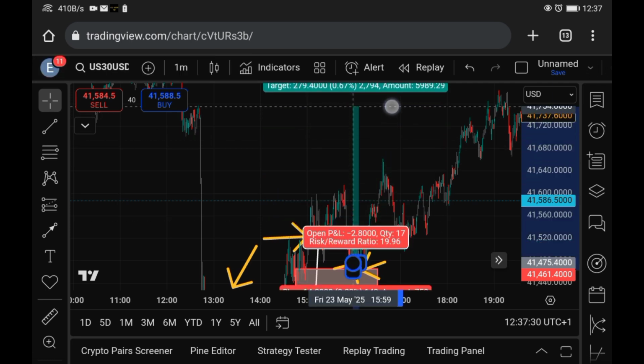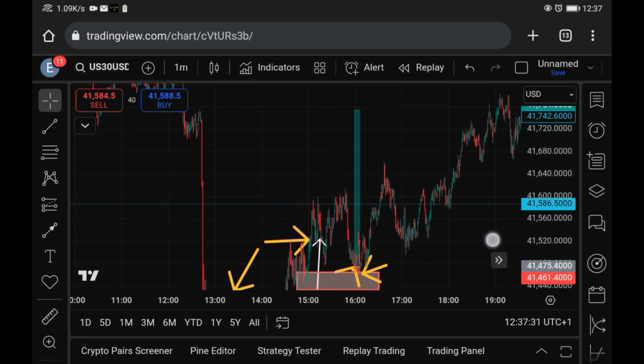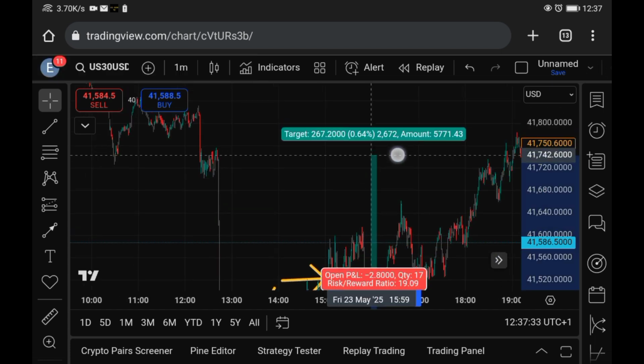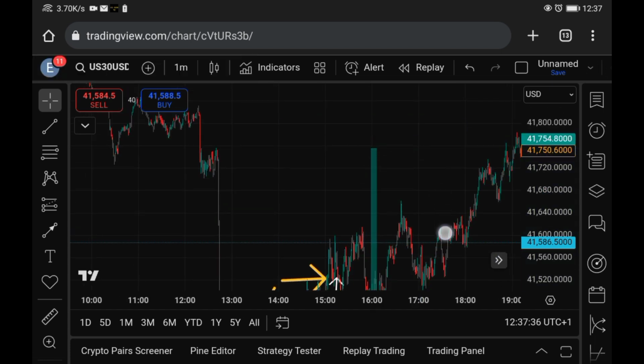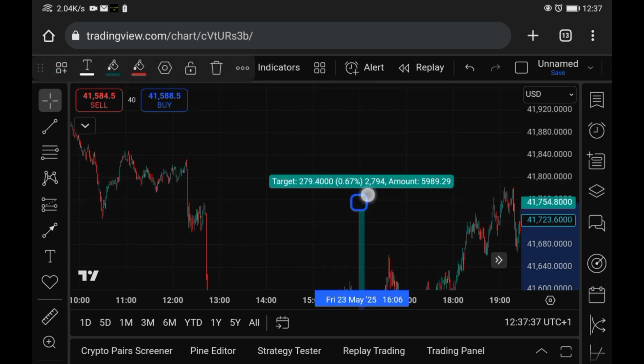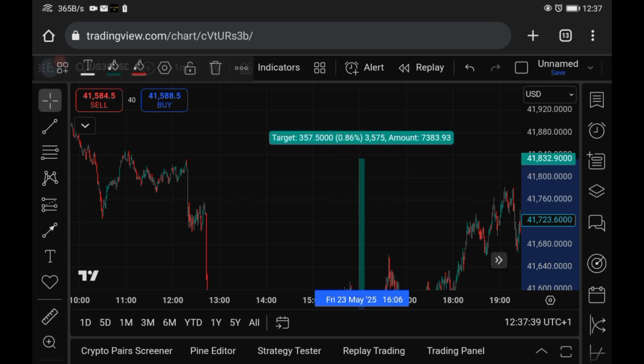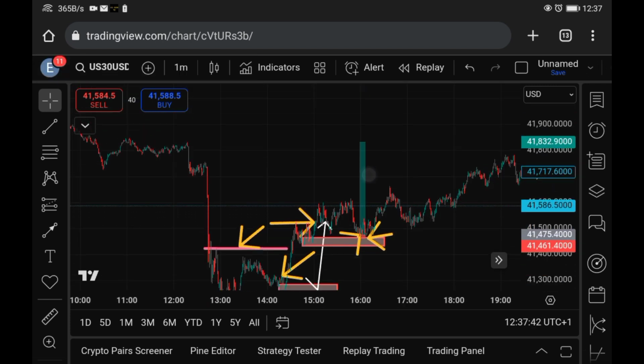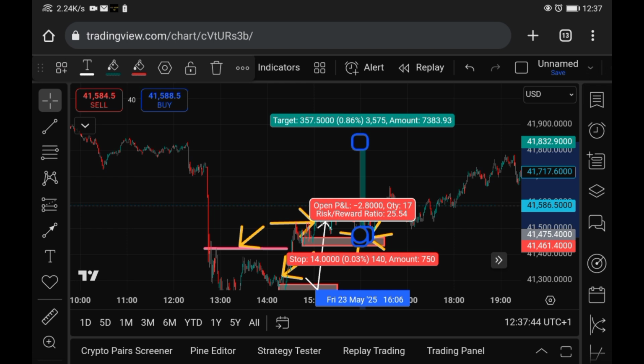That first zone is where you are going to target, and only that first zone here gives you 1:19 RR. If you want to target the second one, that will give you 1:25 RR.